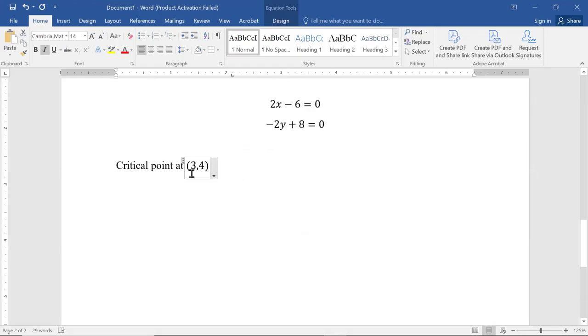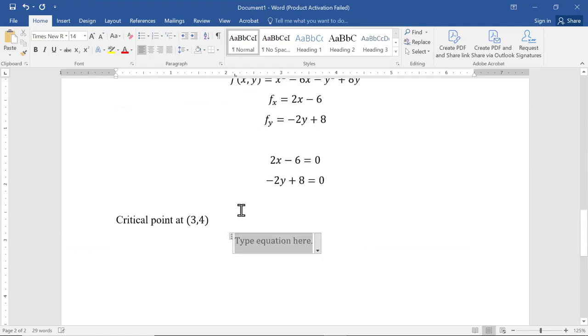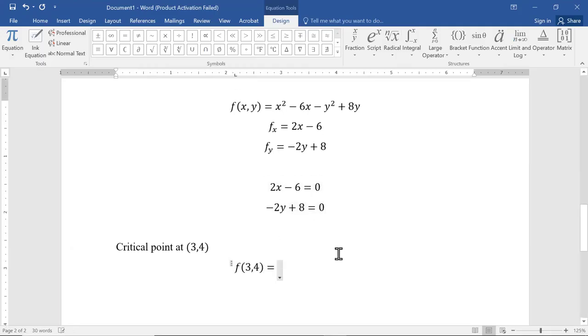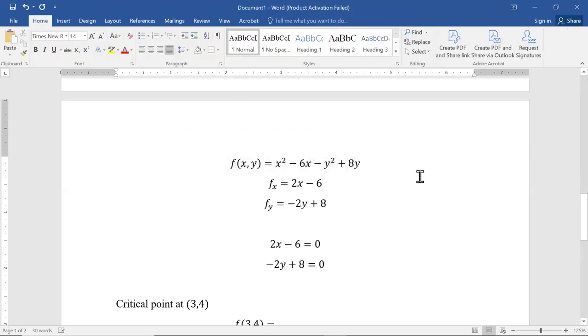In this case, my critical point 3, 4, just so that when I graph this, it'll be nice. If I plug in 3, 4 in my original function, I would do 3 squared minus 6 times 3 minus 4 squared plus 8 times 4, and that would give me a 7.